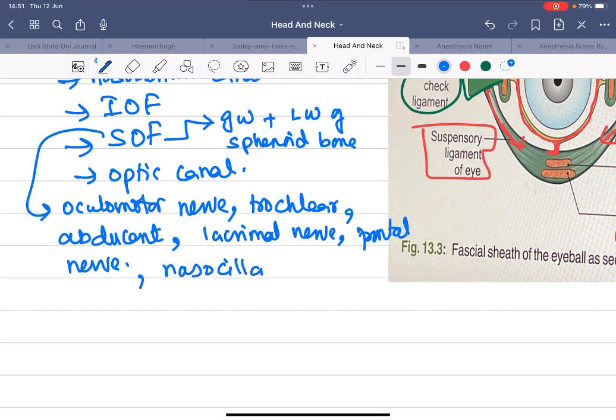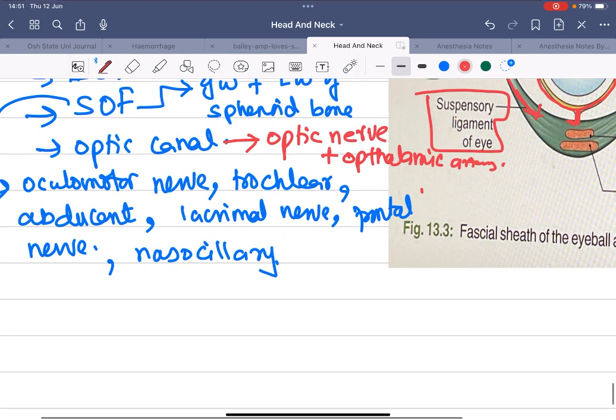Through the optic canal, two structures are very important. The optic nerve is passing, that is your second cranial nerve, plus the ophthalmic artery is passing. So the optic canal transmits the optic nerve and the ophthalmic artery. Ophthalmic artery, please remember, it is the branch of your internal carotid artery.